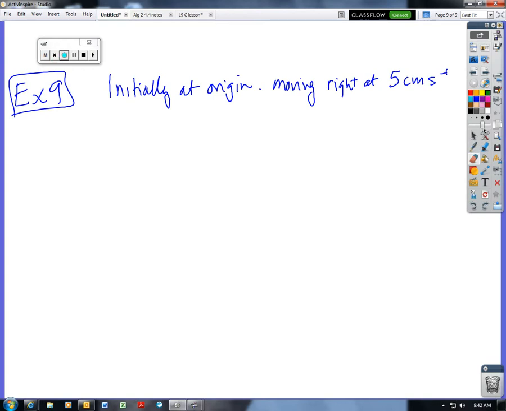So I'm saving time in the writing phase. Of course, I made a mistake. It didn't look right. Stop. It accelerates according to a of t is 4 minus 2t centimeters per second squared. Answer the following without using a calculator.